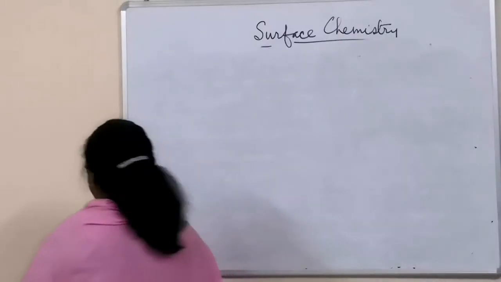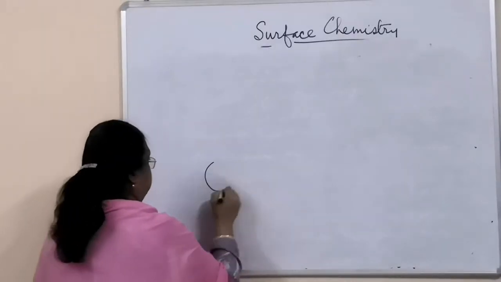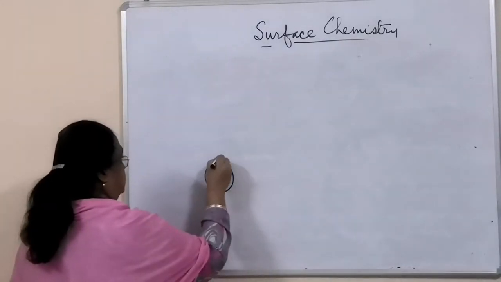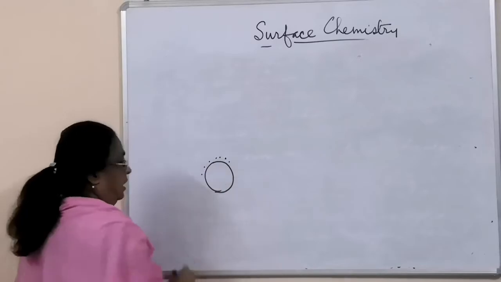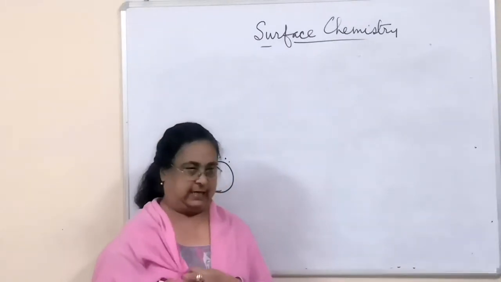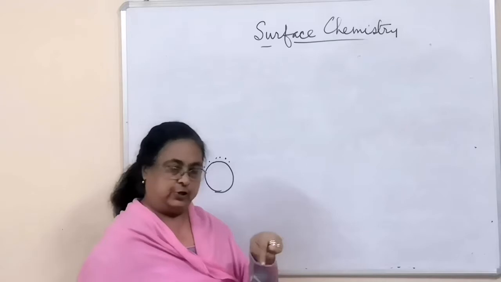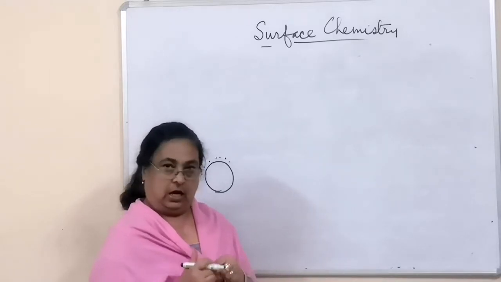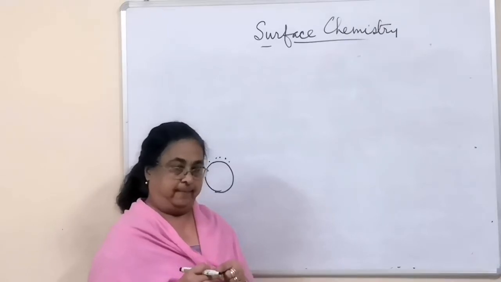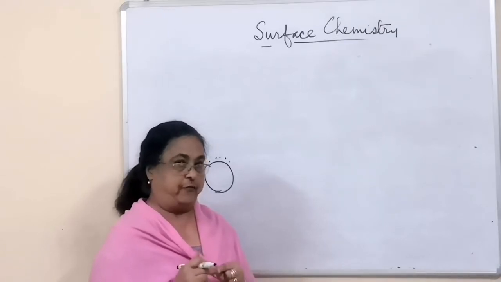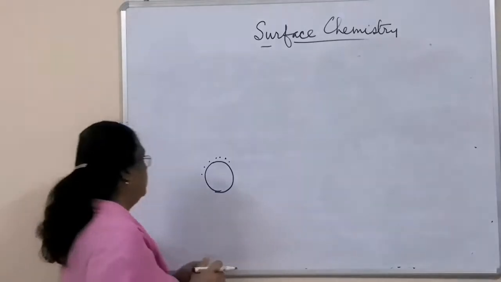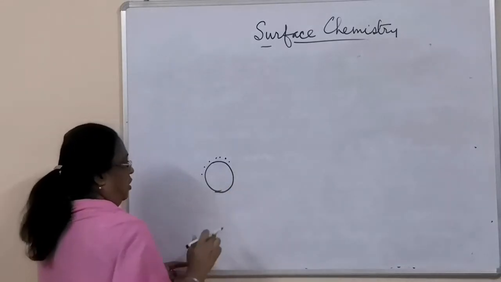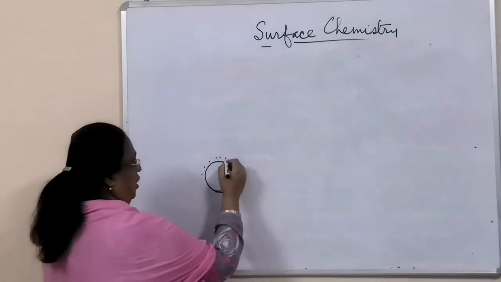Like, for example, if I dip this finger into ink, ink particles will settle on my finger and they will remain only on the surface. So it is a surface phenomenon.